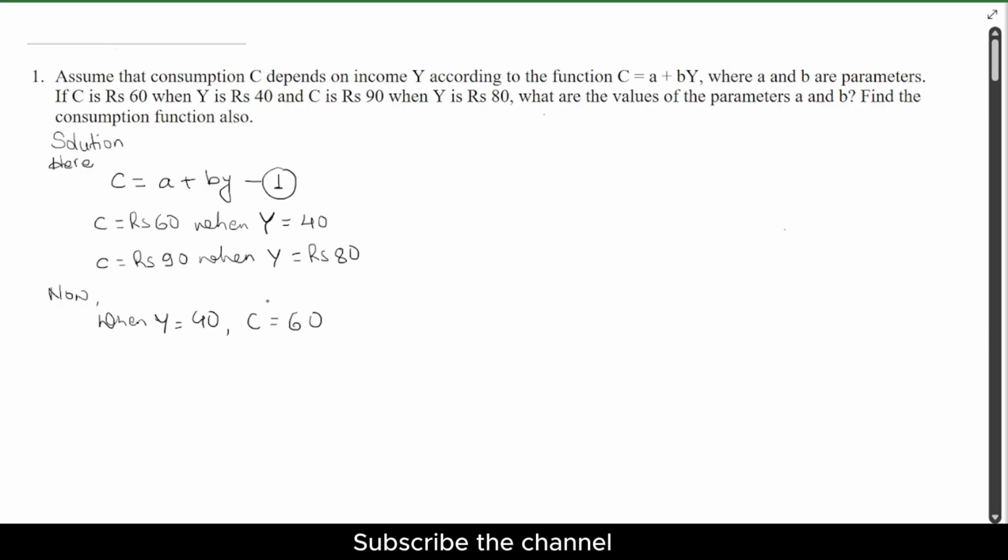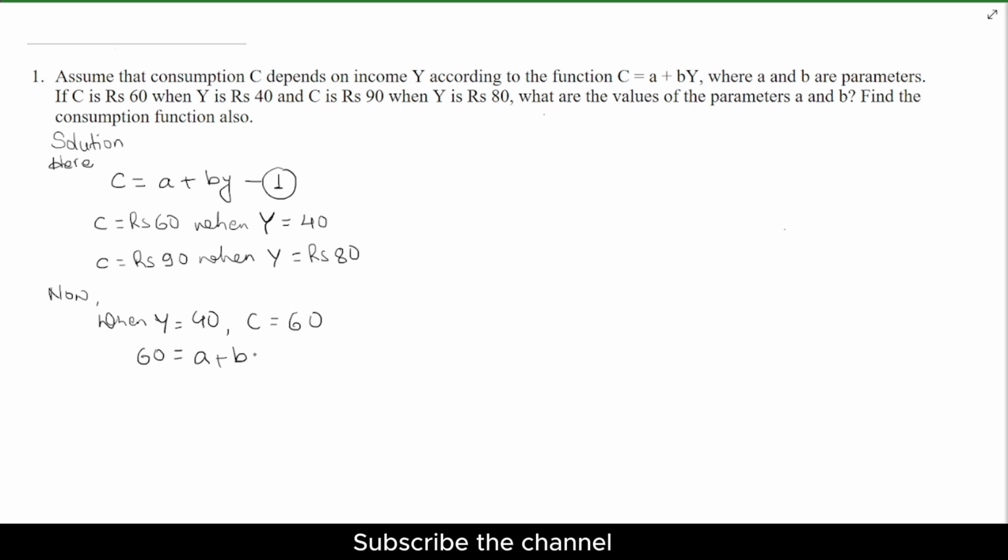What is in 1? That is, it will be 60 equals A plus B into 60. Sorry, B into 40. Y is 40. Or A plus 40B equals 60. Let it be relation 2.